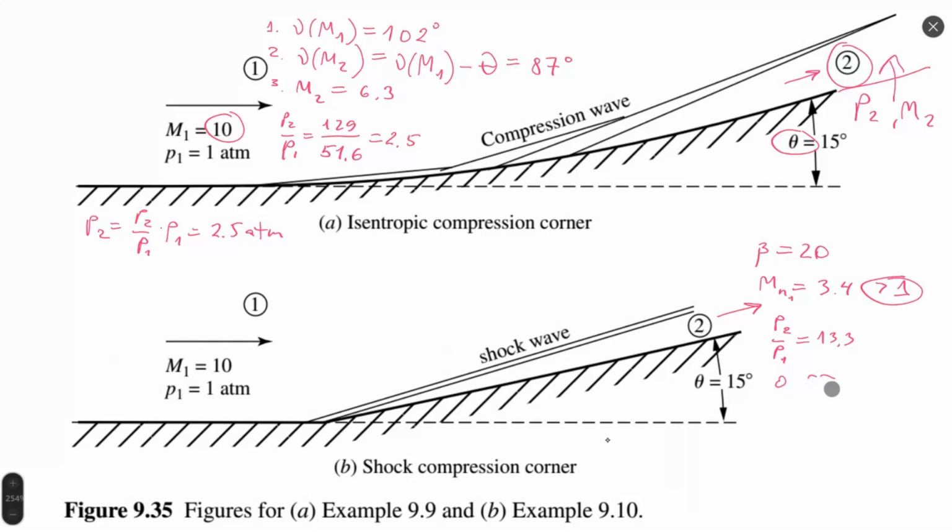Okay, Mn2 is 0.45 and the angle difference is 5 degrees, and M2 I will find by Mn2 dividing by sine of angle difference, 5 degrees. Okay, let me see if we get something realistic here.